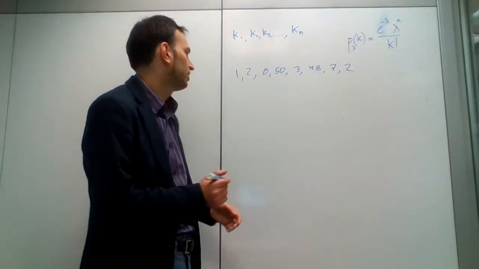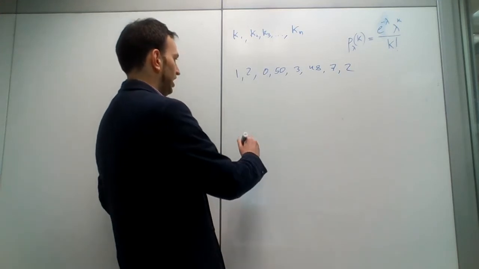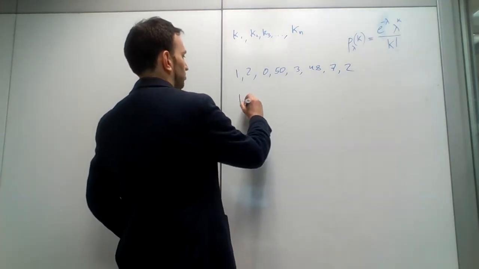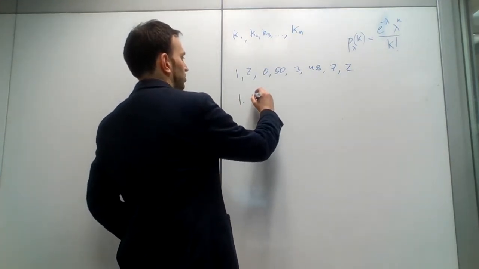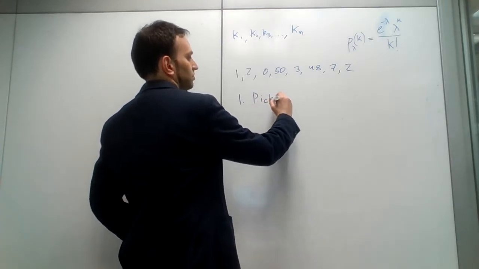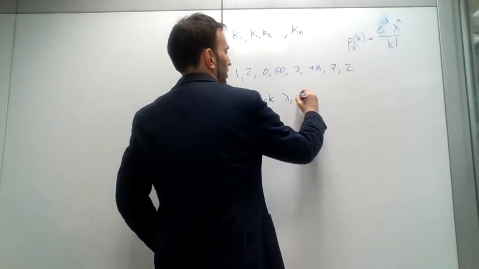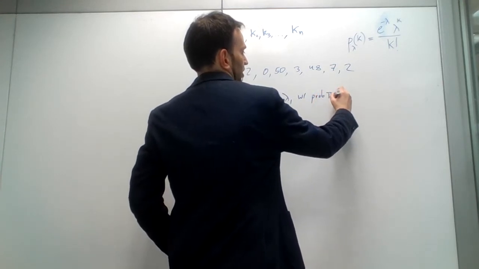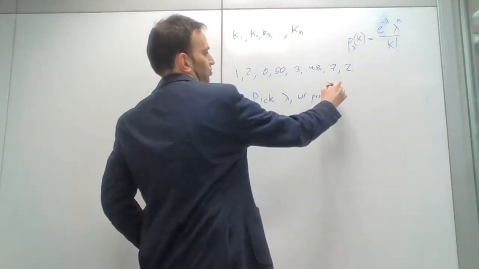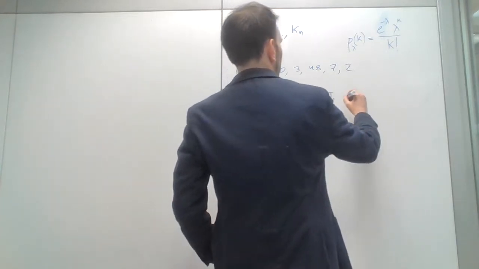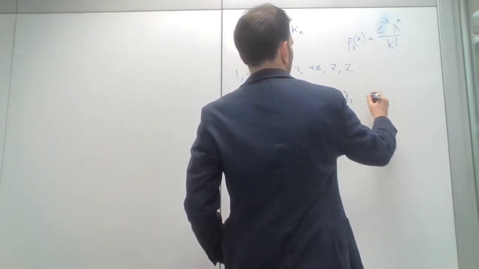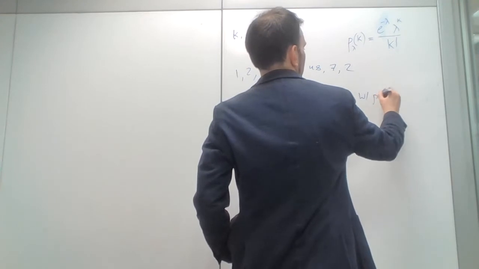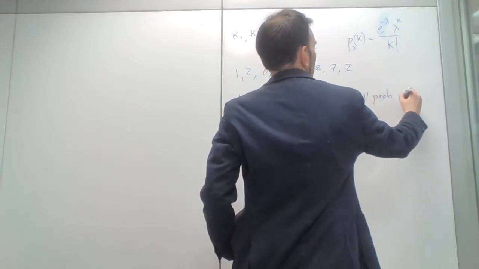So let's write down the algorithm for actually generating this data set, the same way we did for the mixture of Gaussians, right? So the first thing that you're going to do is pick lambda 1 with probability pi 1. I'm just saying this probability is going to be called pi 1, and lambda 2 with probability pi 2.